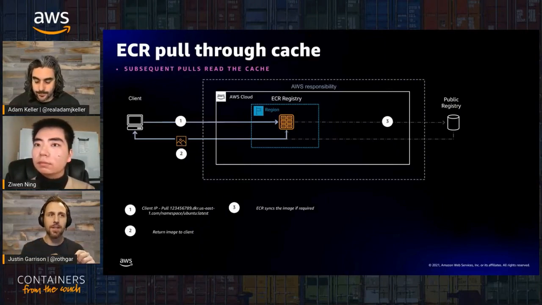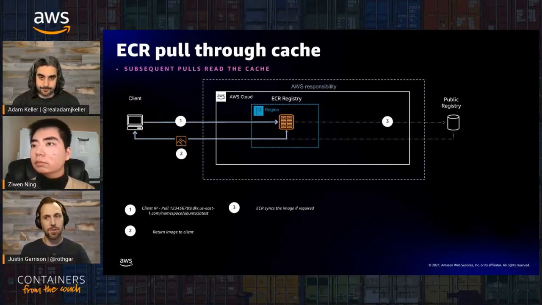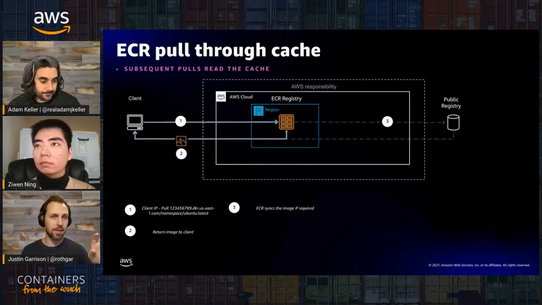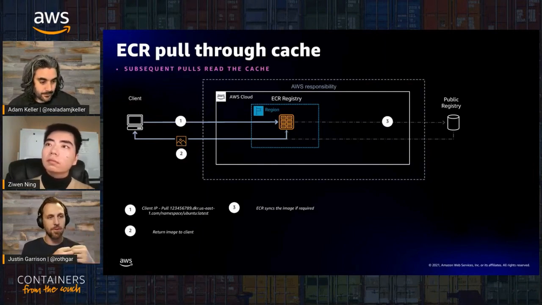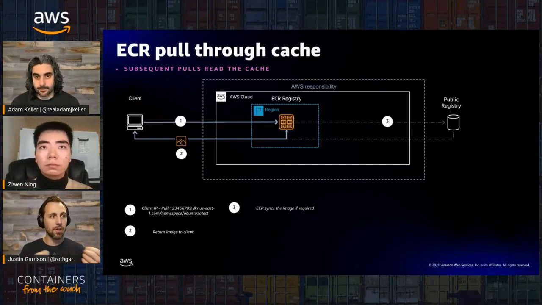This specifically, the pull through cache, is caching from either ECR public or Quay to pull images into a private ECR repository. So if you want to use the public ECR gallery and say, hey, here are some official Docker images, that gallery is within Amazon resources. So if you're pulling from that into an EKS or ECS cluster, you're already getting a lot of the benefits of doing some of this pull through cache, because it exists within Amazon's infrastructure.